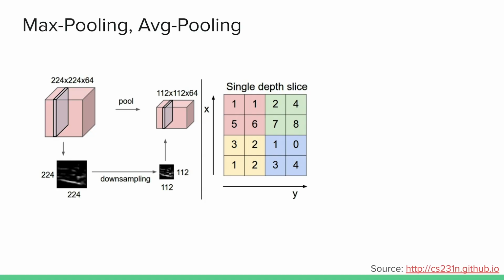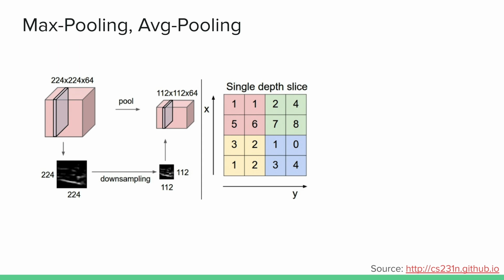There are two really important versions of pooling. One is called max pooling, and the second is called average pooling. We basically take a slice and extract the maximum number of that slice or the average number.